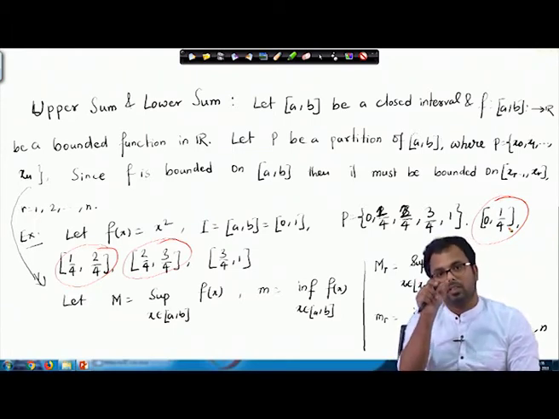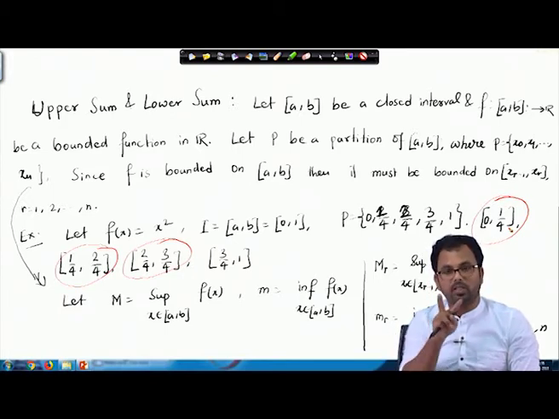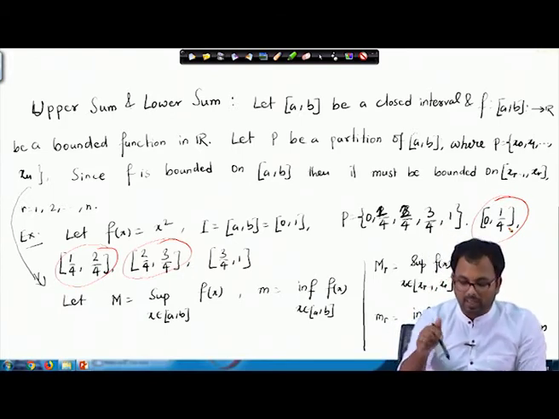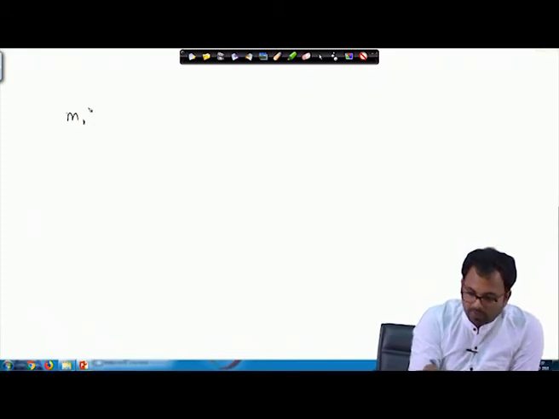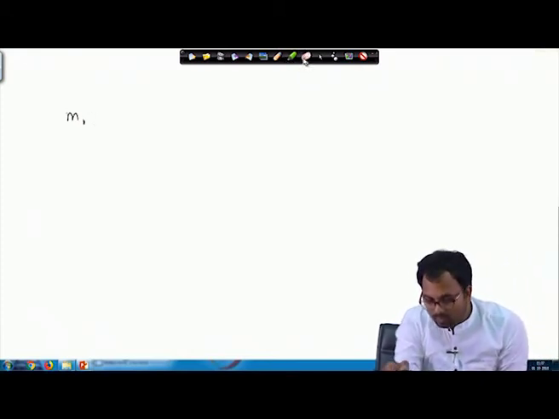So, there is a less than or equal to relation between the lower bounds, and that relation can be written in this fashion. We can write it as small m is less than or equal to small m r.